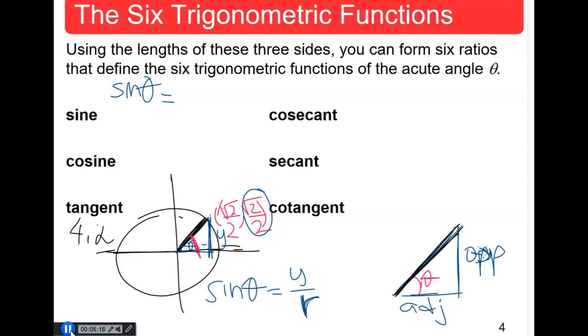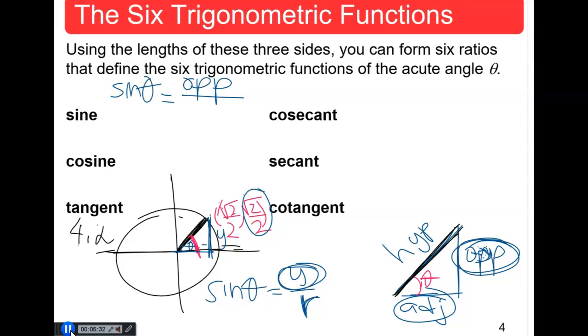So now for sine in terms of opposite, adjacent, and hypotenuse, we're going to say opposite, that will be taking the place of the y, over, and instead of r, this is r right here, we're going to use the hypotenuse.